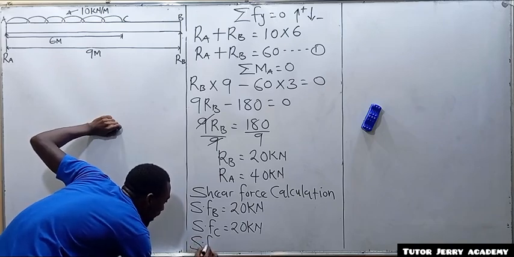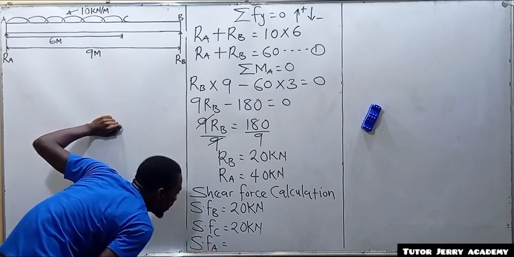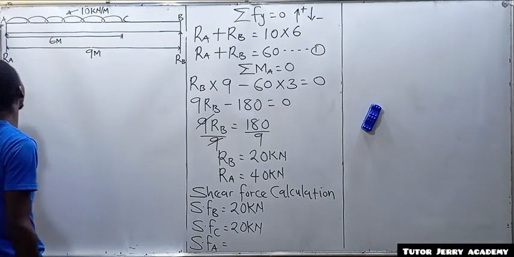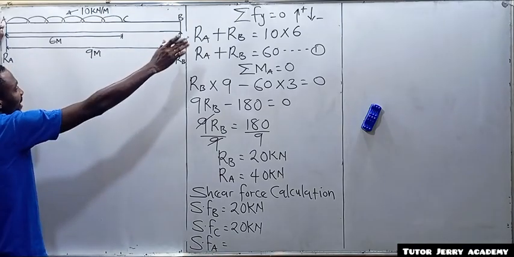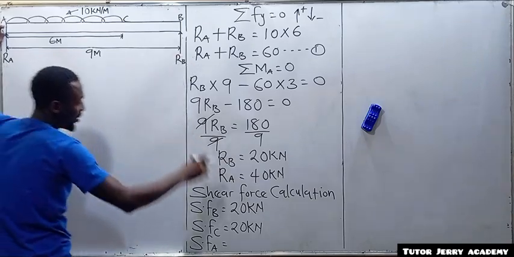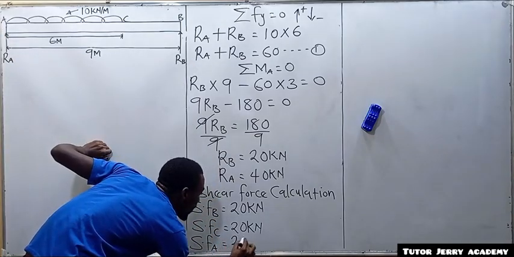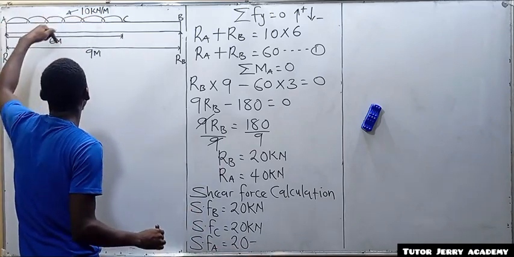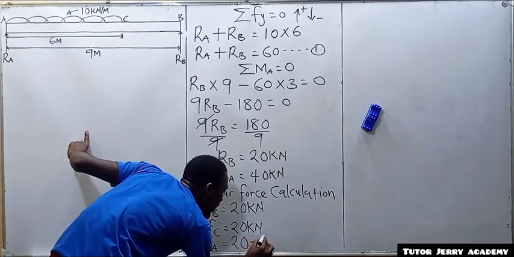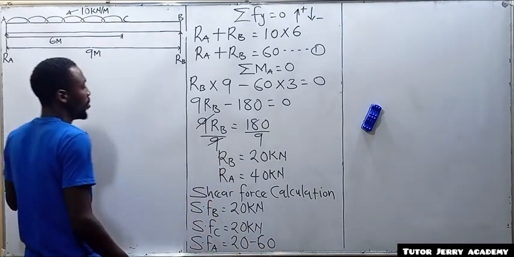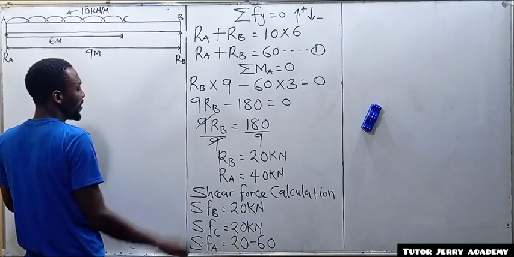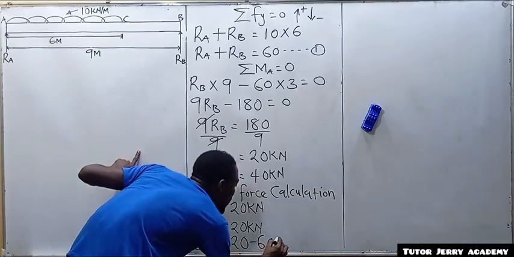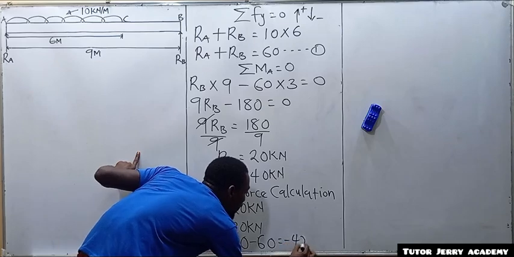So the last but not the least is the shear force at point A. If you stand here and look towards your right hand side, we have reaction at B, which is 20, minus this uniformly distributed load. We take it to a point load, which is 60. So 20 minus 60 is minus 40.